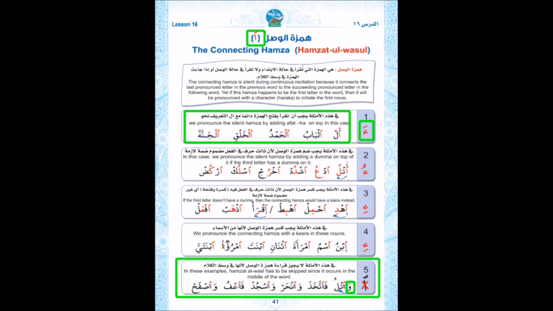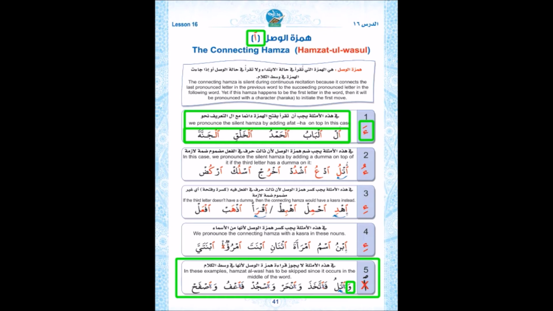So when explaining to a younger student who will not understand the concept, we can simply have them identify this as hamza with a fatha, and then read these, and the common thing among them all is the al-ta'rif, and the student can say al-babu, al-hamdu, and he or she will realize that whenever it's followed immediately by a lam, then we read the hamza with a fatha.